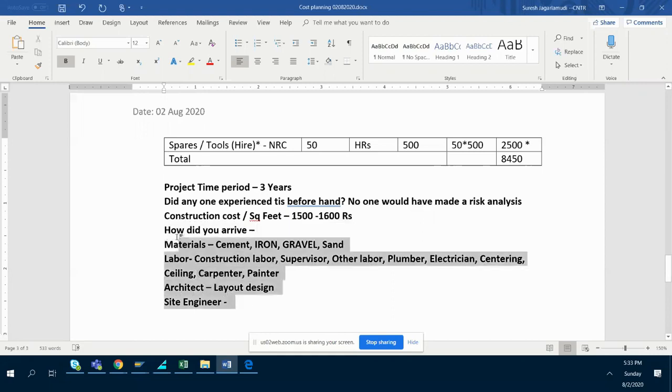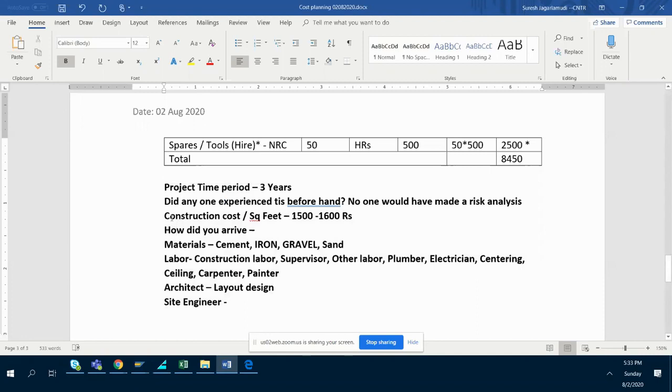Now tell me, did you calculate any risk analysis here? No, it is standardized. Yes, it is standardized.